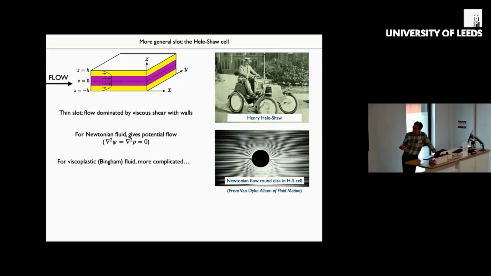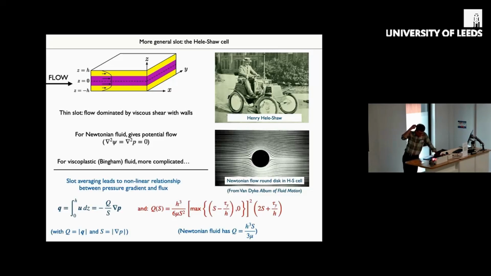If you have a Bingham fluid, so you're expecting this kind of profile, the general problem of flow in a Hele-Shaw cell, for example, flow around an obstacle like this, becomes a little bit more complicated because of this nonlinear rheology. So the classic approach is you derive your flow profile like this across the slot, and then you integrate over the slot to develop a relationship between the flux, that's the vertically integrated, so this would now be a function of x and y, but not z, you've integrated out z.